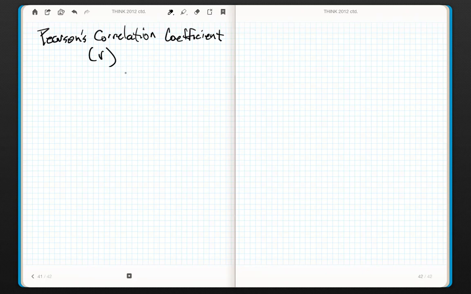All right, but Pearson's correlation coefficient is the measure of the strength of the linear, just linear for now, okay?